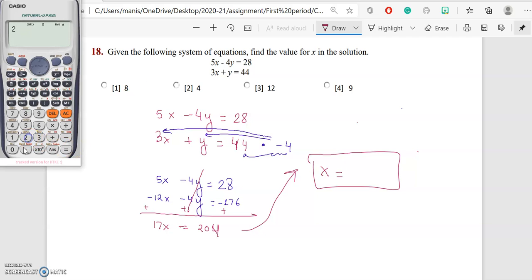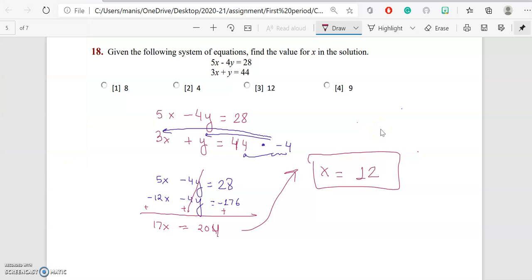This is my 204 divided by 17, which gives me the answer 12. Yes, I have answer choice 12, which I can see over here. So that's my answer choice 12 for this. This is the way you can solve a system of equations to find the value of x.